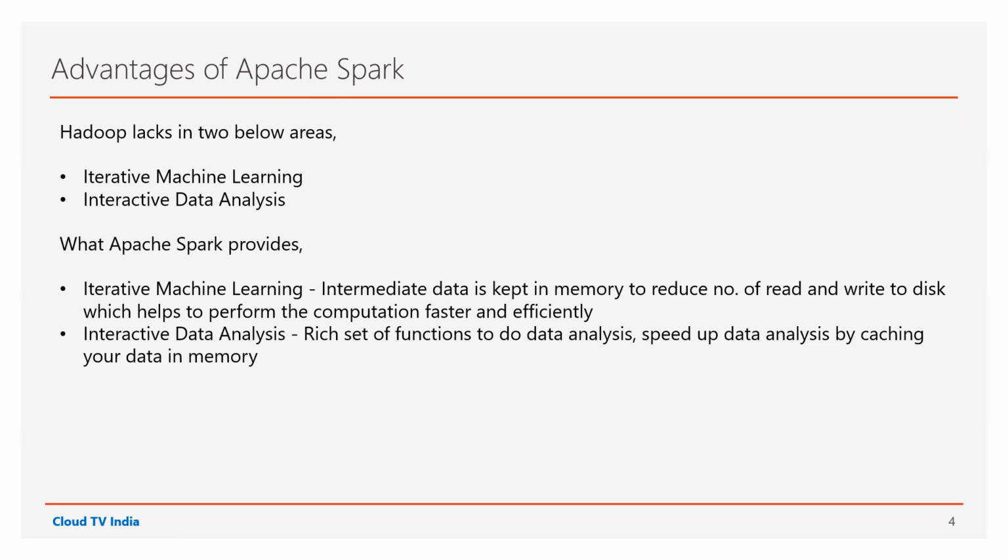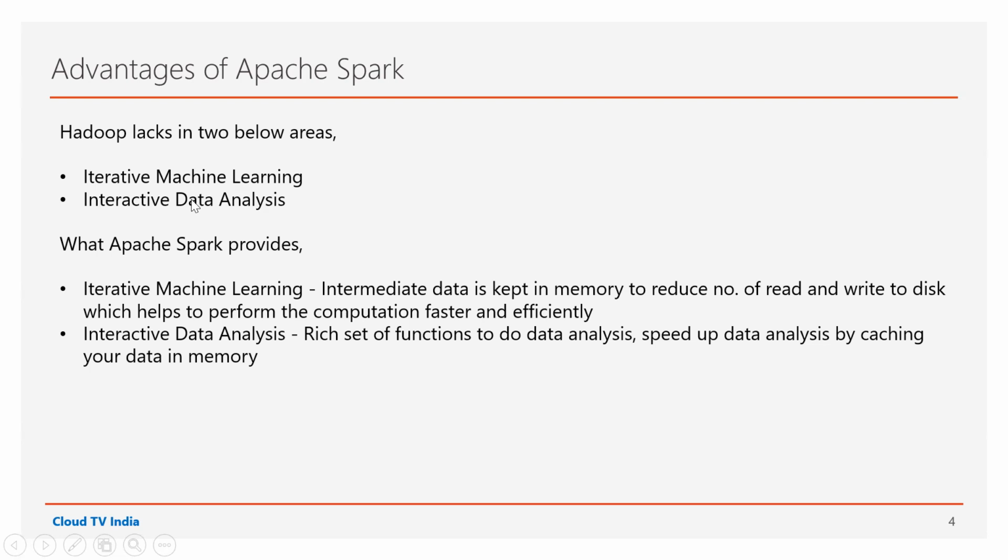Since Hadoop cannot pass the first output to the second job, it has to store it in HDFS and the next job has to pick it up. So we have to do a lot of things using MapReduce. So it was difficult doing iterative machine learning using MapReduce, and interactive data analysis.